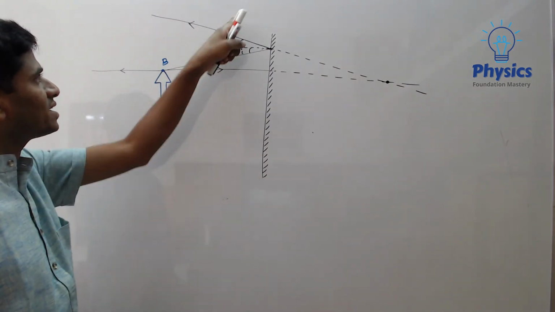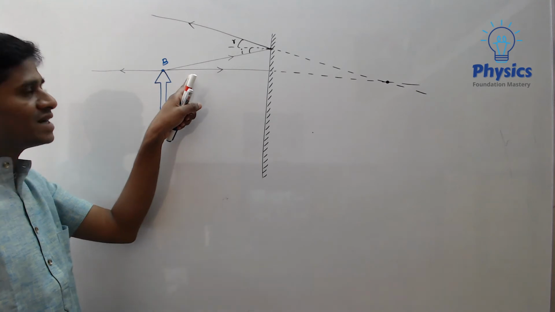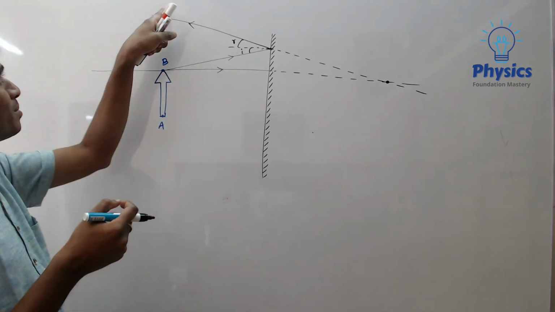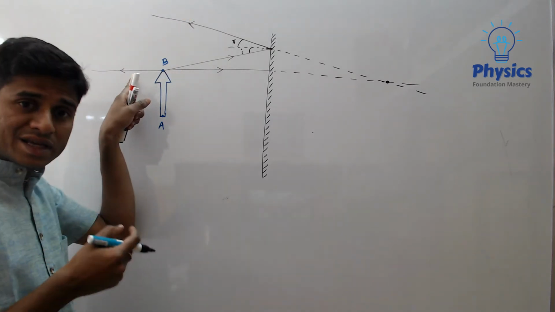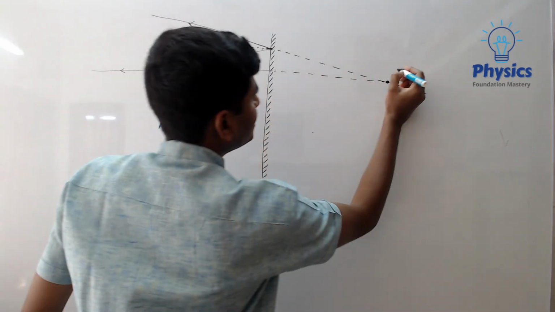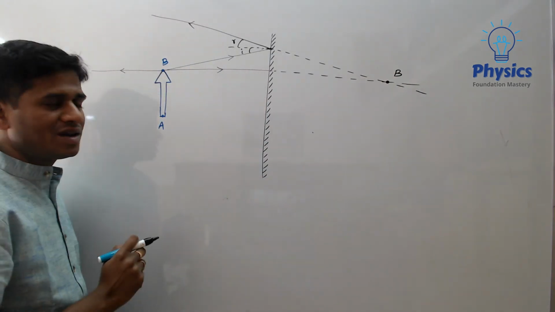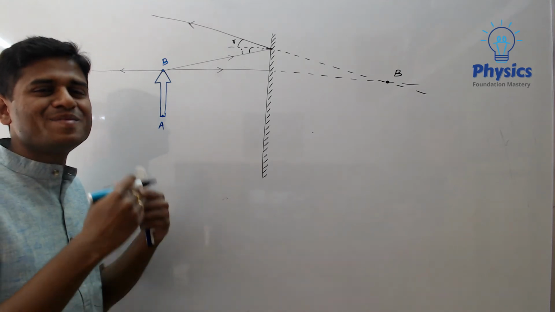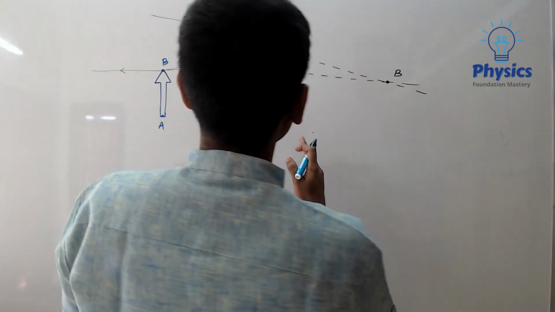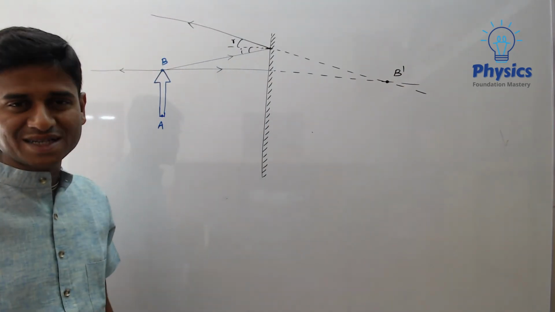So these 2 reflected rays, actually they are coming from B. That means these 2 reflected rays contain the information about B, and when my eye receives these 2 rays, what does my eye see at this point? It sees B. Of course, it doesn't see B, it sees the image of B. What I see here is basically the image of B. So I'll represent it as B dash.